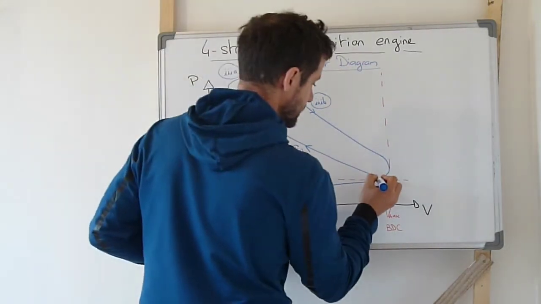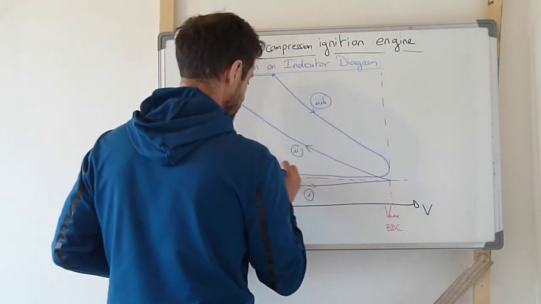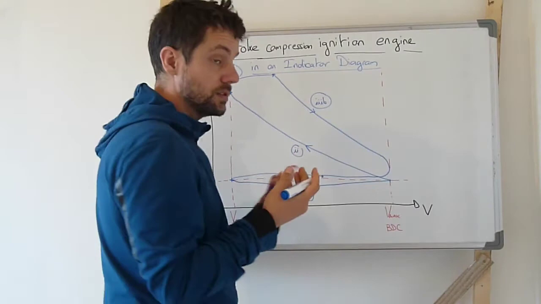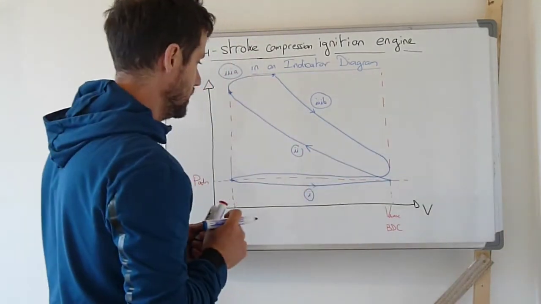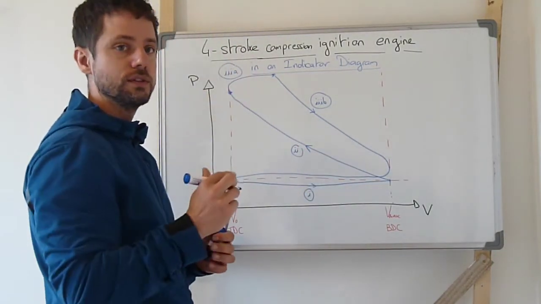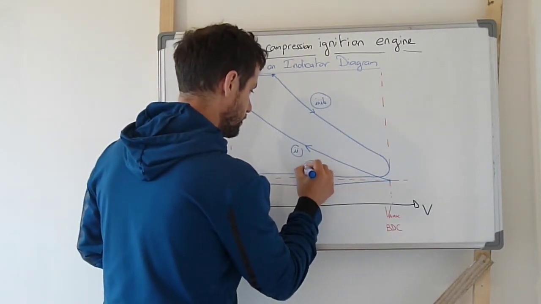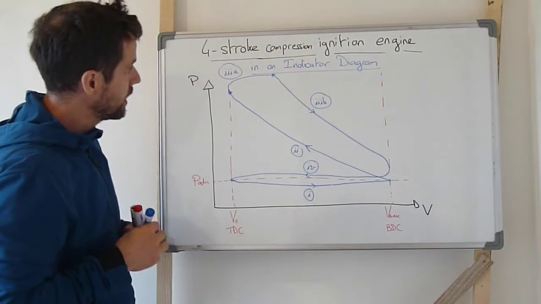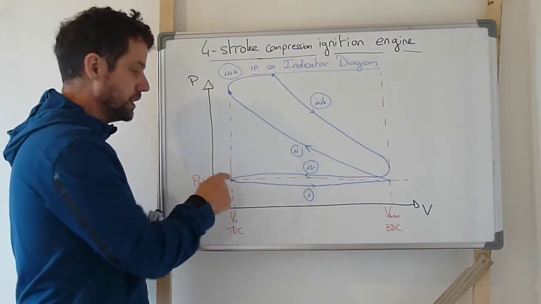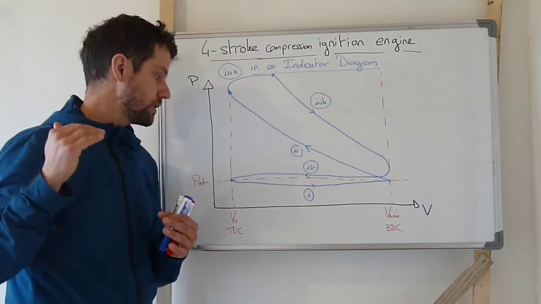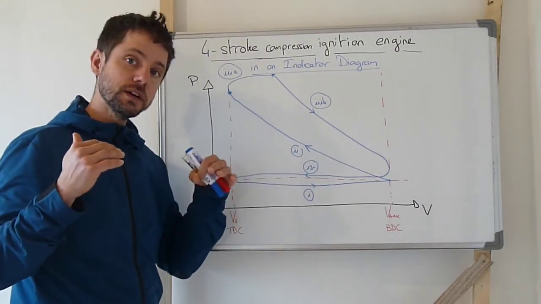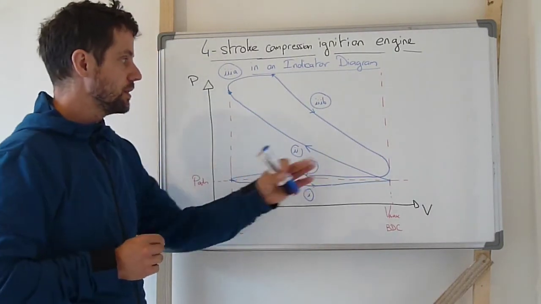And then the last stroke is again the fluid, the smoke, that is pushed out with the piston going up again to the top dead center. So with the exhaust valves open, we have this last stroke, and then the exhaust valves are closing and the admission valves opening in order to start a new cycle.